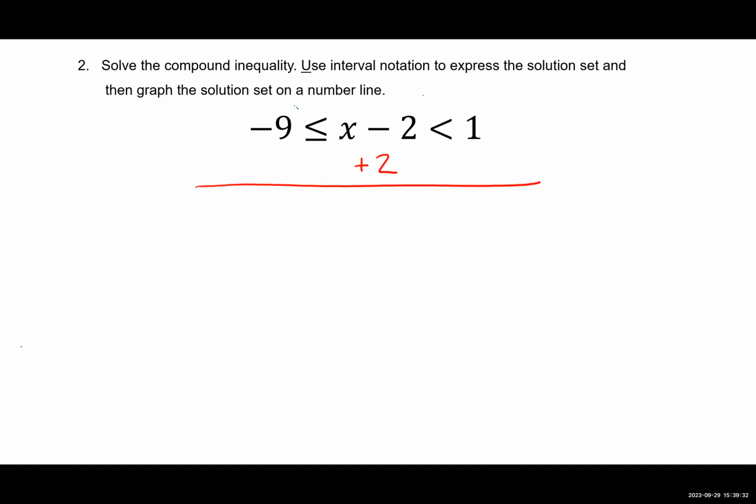If we add 2, the -2 and the +2 cancel. And that gives us x by itself. Whatever we do to the middle, we got to do to the left and the right. So if we add 2 in the middle, we got to add 2 also to the left and the right.